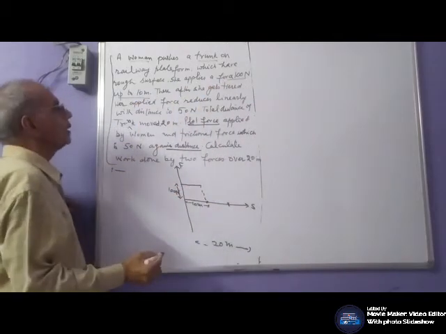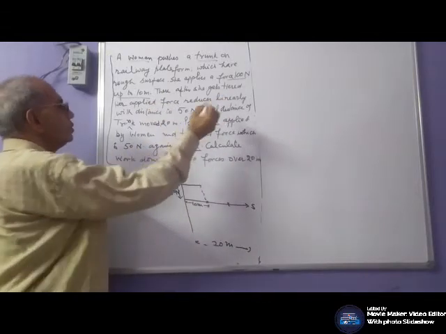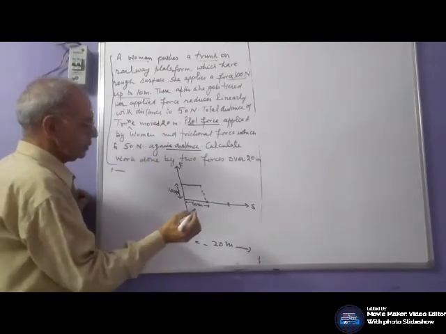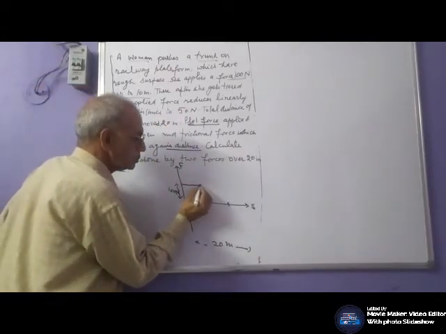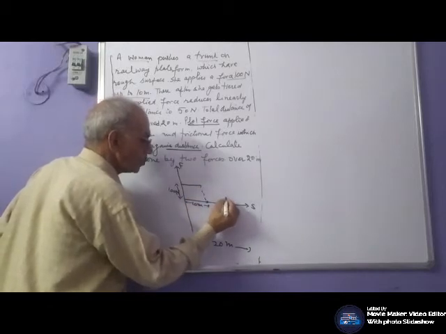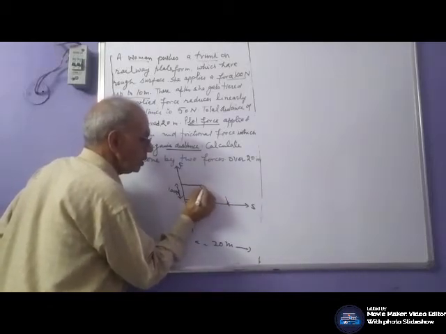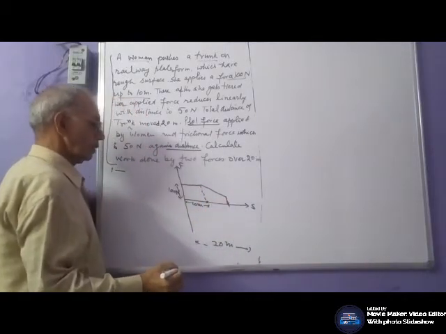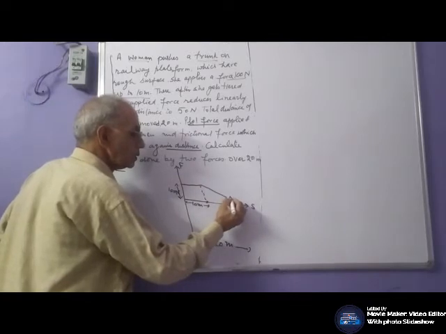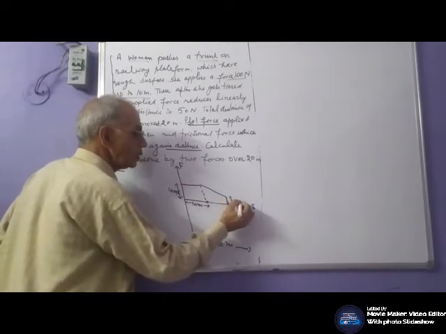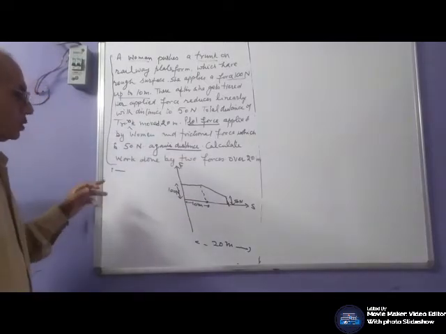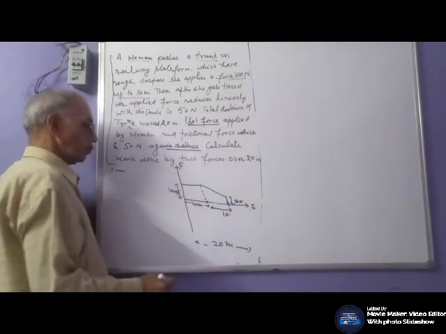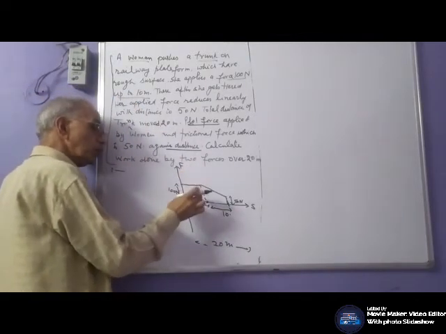Draw the plot. The force reduces linearly with distance to 50 Newton. It has reduced linearly, how much? This is 50 Newton. Draw a plot. That is the plot, 100 Newton up to 10 meter.